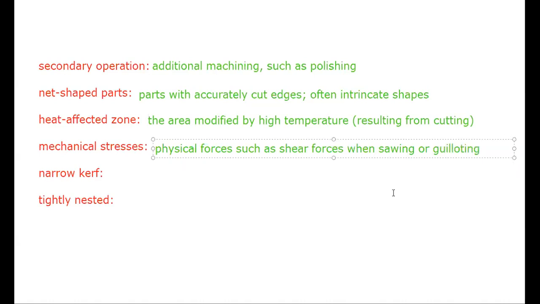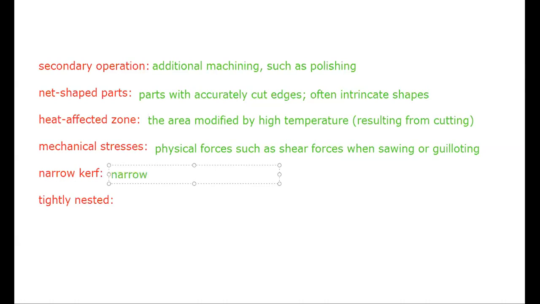Good. Then we move to the narrow curve. Do you know what curve is? The distance between one edge and another when you cut. So if we talk about something narrow, narrow is a short width, in a near distance. It's similar to the water jet.